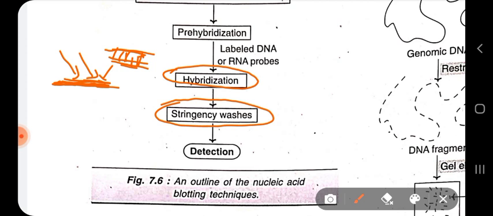We wash them to remove the unbound probes, so only the bound probes remain, which bind through complementary base pairing to our specific DNA or RNA of interest. Then for detection, we go for autoradiography or other processes; if we have used fluorochromes, it will emit light of suitable wavelength that can be detected.